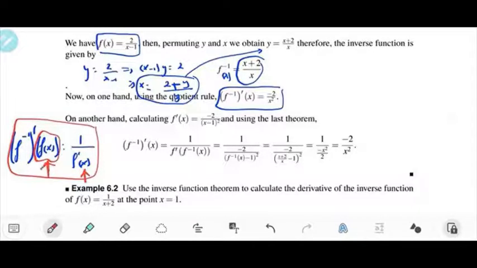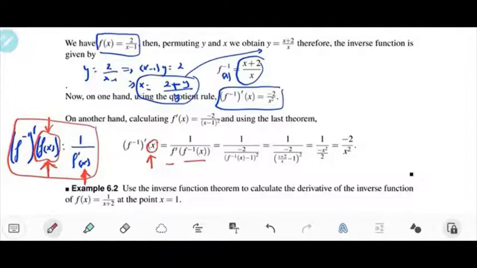Here we have something that is in the domain of f minus 1, which is in the range of f. And what you should have in here is the pre-image of what's in here. Okay, so if here we have x, because we want to calculate the derivative of f minus 1 at a point x, any point x in the domain of f minus 1, so it will be 1 over the derivative of f at the pre-image of this point, which is f minus 1 of x.